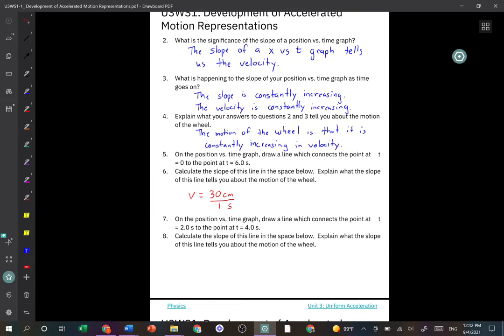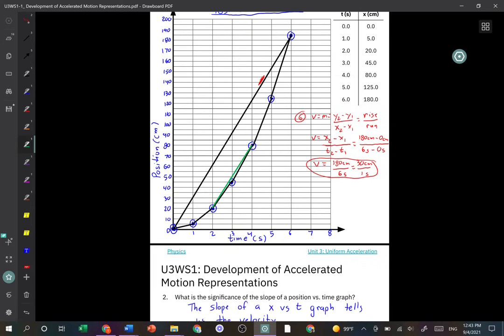So for question 8, calculate the slope of this line in the space below. Explain what the slope of this line tells you about the motion of the wheel. So for question number 8, it's going to be the same thing where we can calculate our velocity by looking at that change in position over our change in period of time. So our second position here is 80 centimeters.